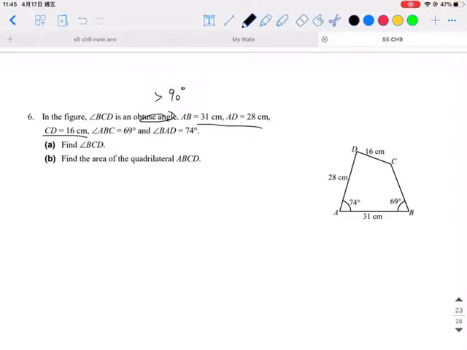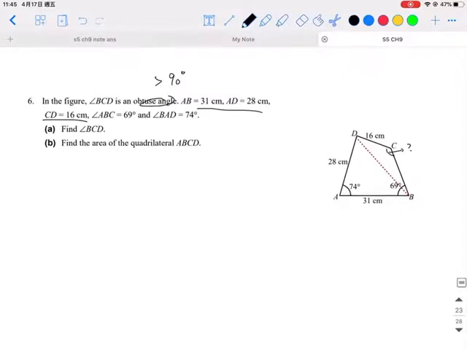Okay, so first I will join a line from B to D. So how can I find the angle BCD? This one, right? So first I will try to find out something. This is the first step: I will find BD. And for the second step, I will find the angle DBA.